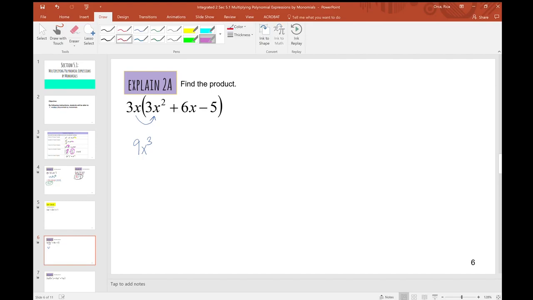Next, I want to distribute the 3x to 6x. 3 times 6 is 18, and x times x is x squared. Finally, 3x times negative 5. 3x times negative 5 is just negative 15x. My answer is 9x to the third plus 18x squared minus 15x.